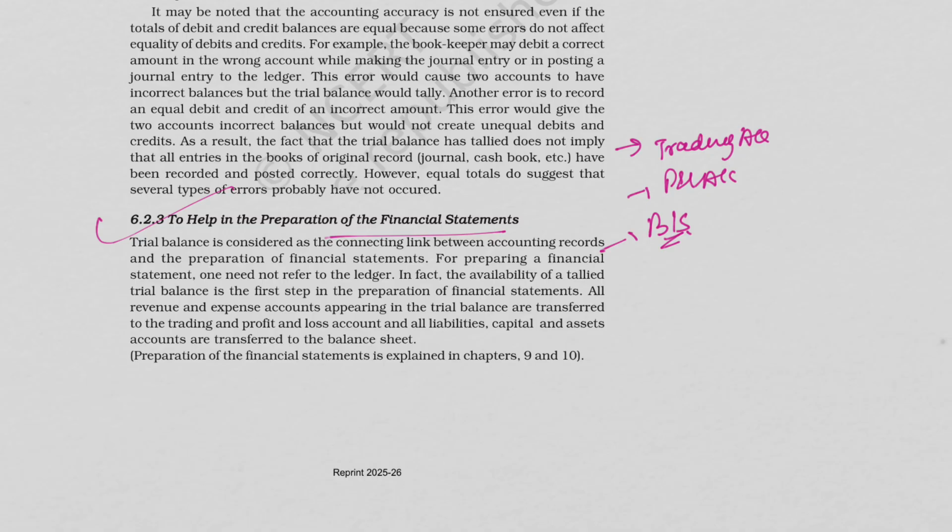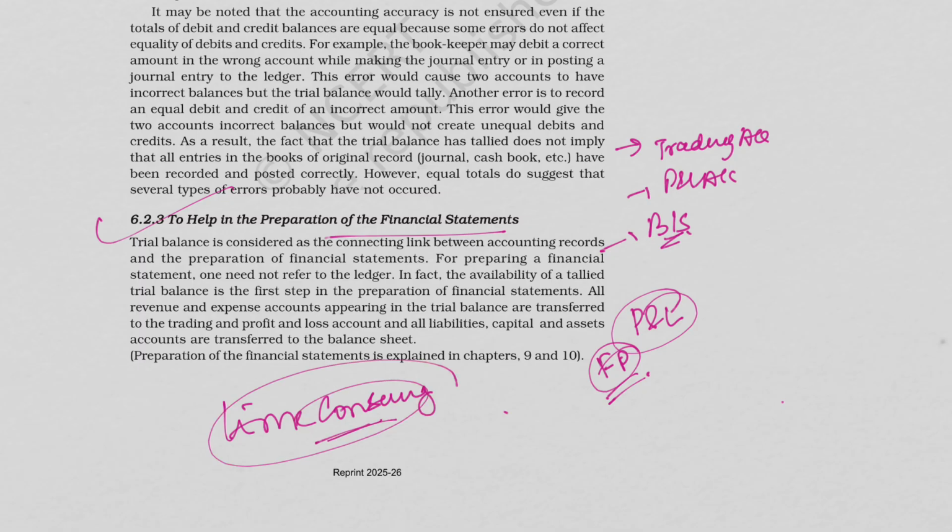These statements are prepared at the end of the accounting period to determine the profit or loss position and the financial position of the business. If the accountants had to check each ledger account individually while preparing financial statements, it would be extremely time consuming.